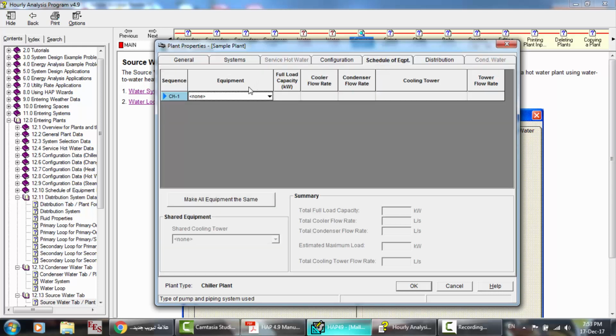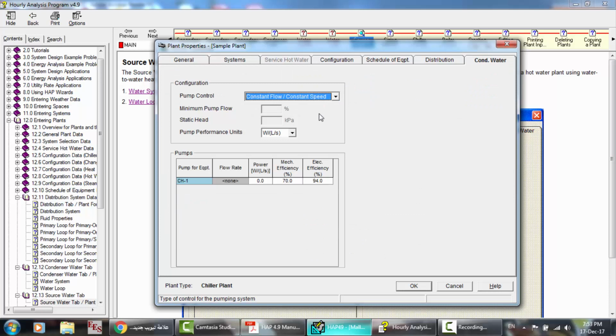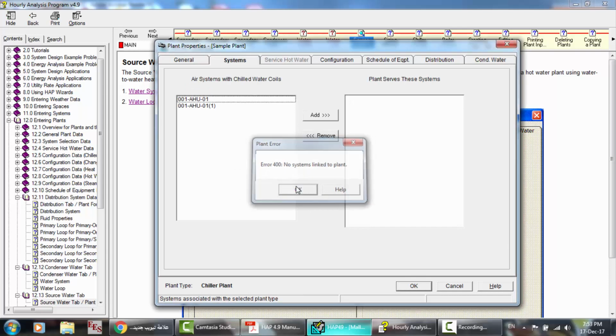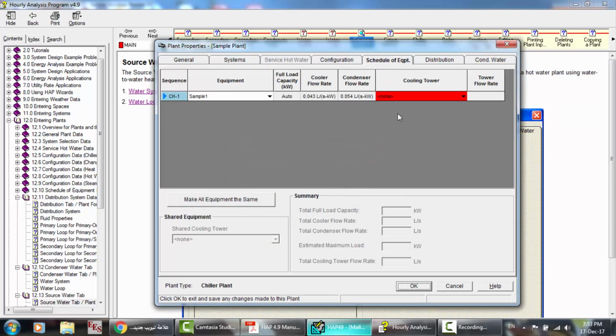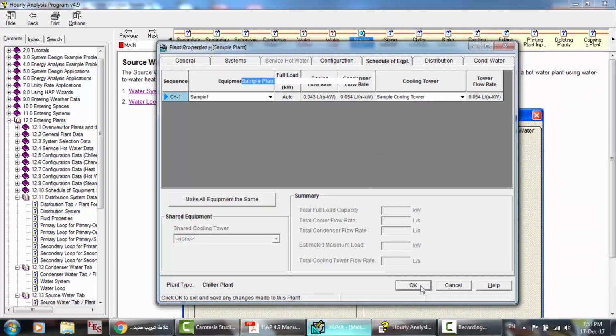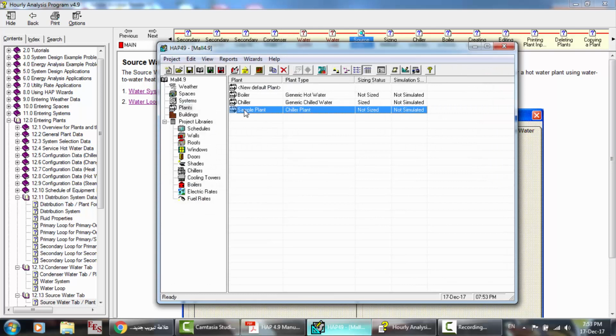And here we have a cooling tower like this. You'll find condenser water. So after finishing all these things, you can click OK. Okay, and you can get the sample plant.